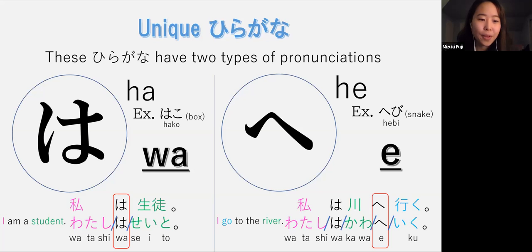For example, I am a student is Watashi wa gakusei. This ha is pronounced wa. I go to the river. This he is pronounced e. It may make Japanese learners confused. Actually, when I was little and still learning Japanese, it made me confused too.